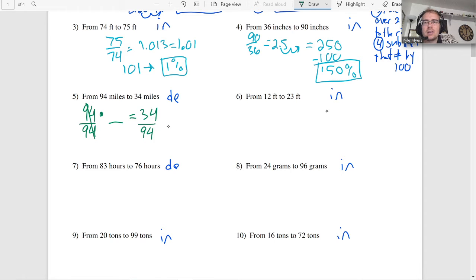Okay, it was 0.361, which rounds to 0.36. Then we move the decimal place over 2 spaces, so it'd be 36%. And then, okay, what was the actual decrease then?